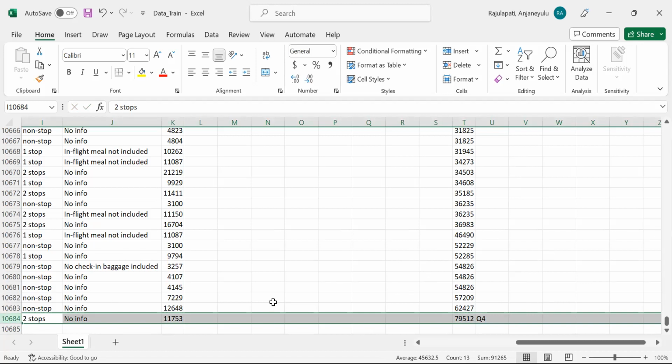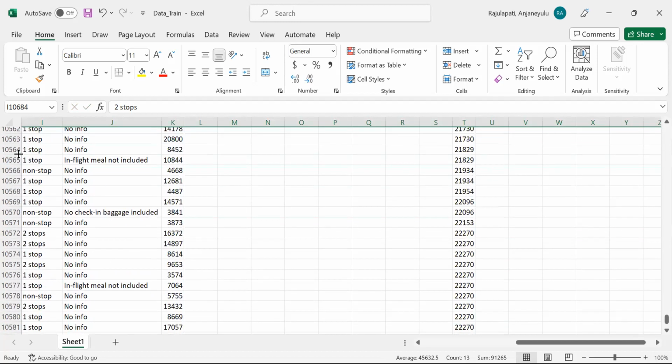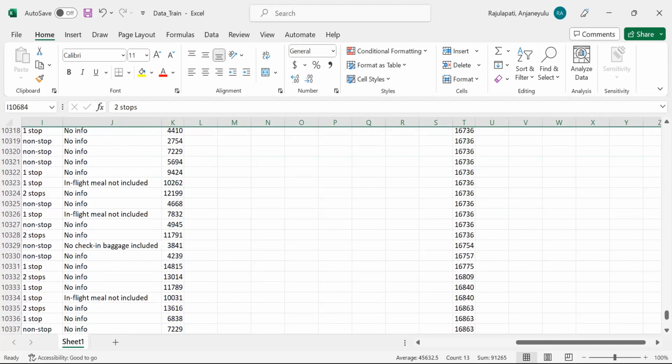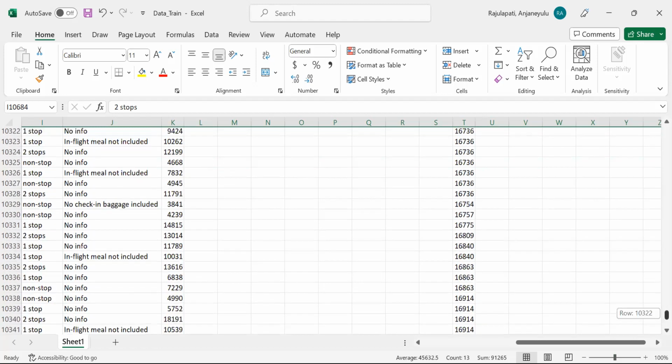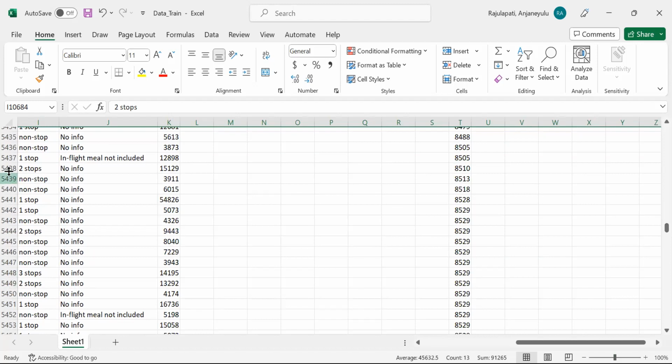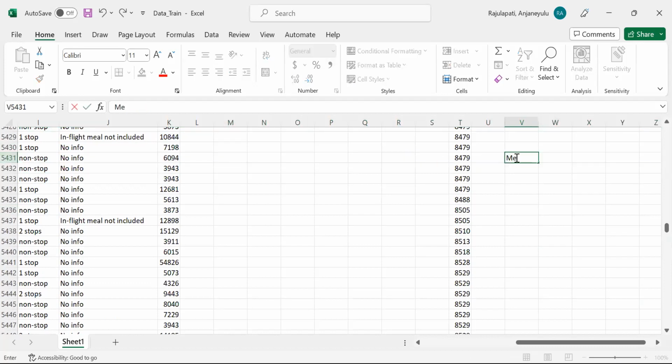If you halve 10684, you get 5342. The index is 5342, so this is your median.